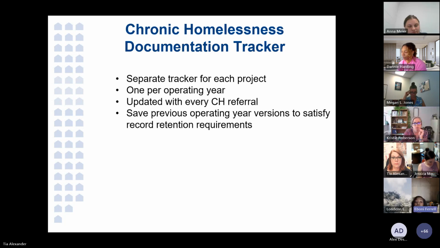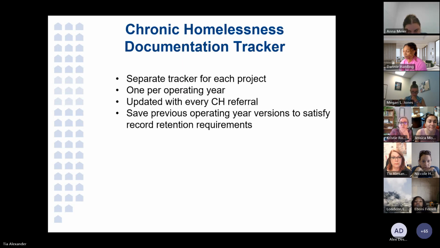You must maintain a separate tracker for each project. This should be a snapshot of all of the participants you have served or are serving in the current operating year who were referred as chronically homeless. It must clearly identify the operating year for which the CAP is being measured and should be kept up to date at all times.